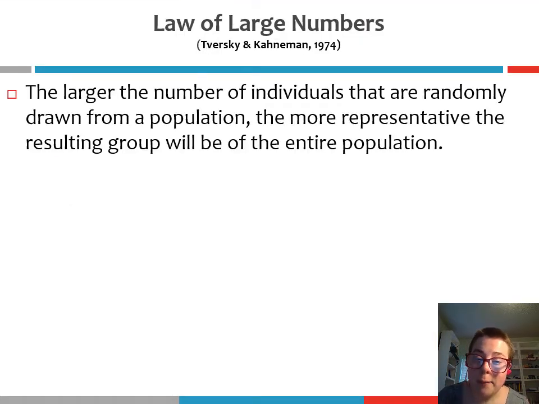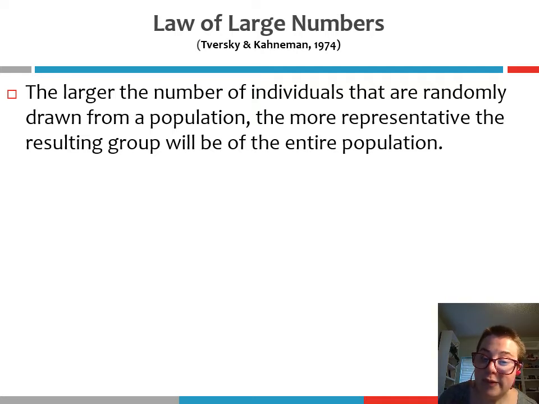So when Kahneman and Tversky asked participants this question in 1974, 22% of participants picked the large hospital, 22% of participants picked the small hospital, and 56% of participants said they were about the same, right?